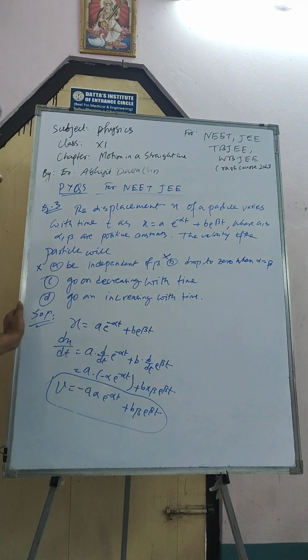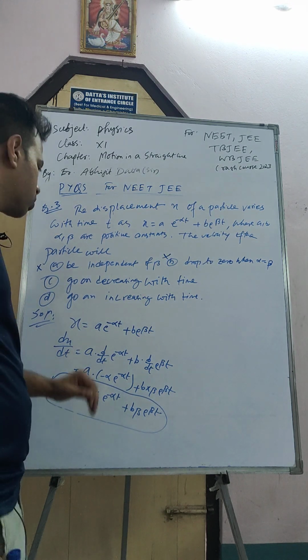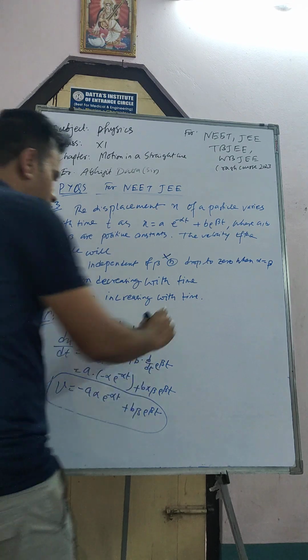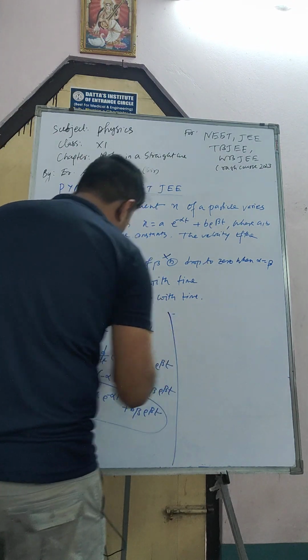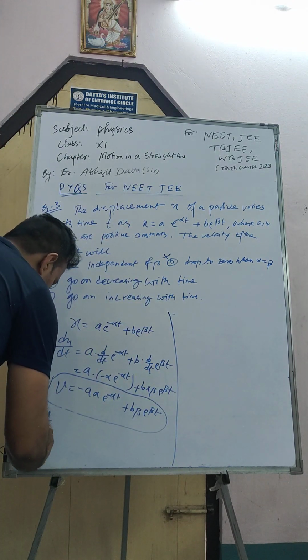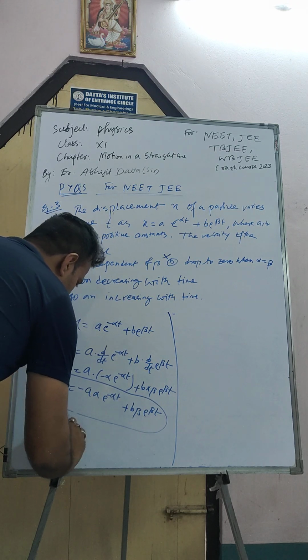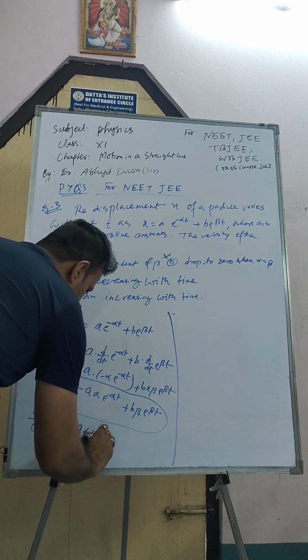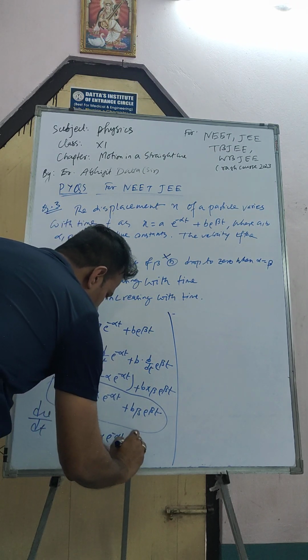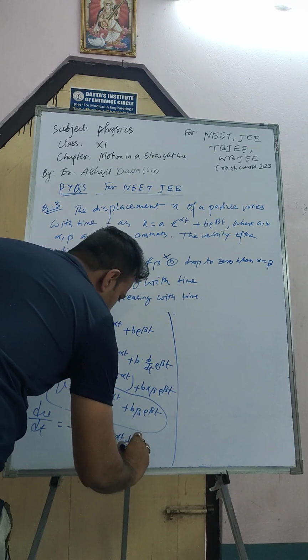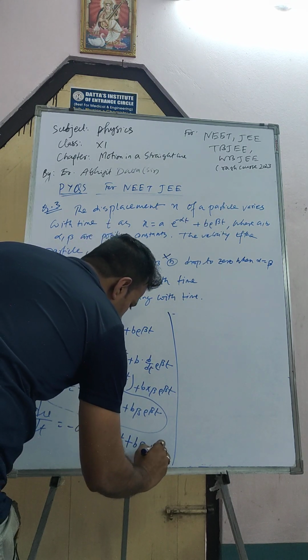Next, go on decreasing with time. For that we have to find out the acceleration. So dv by dt is what? Minus a alpha into minus alpha e to the power minus alpha t, and b beta into beta e to the power beta t.